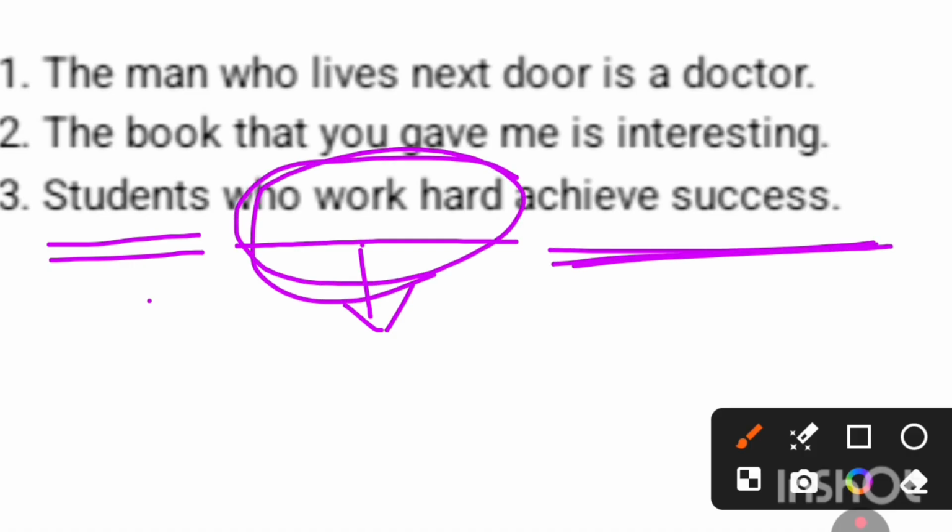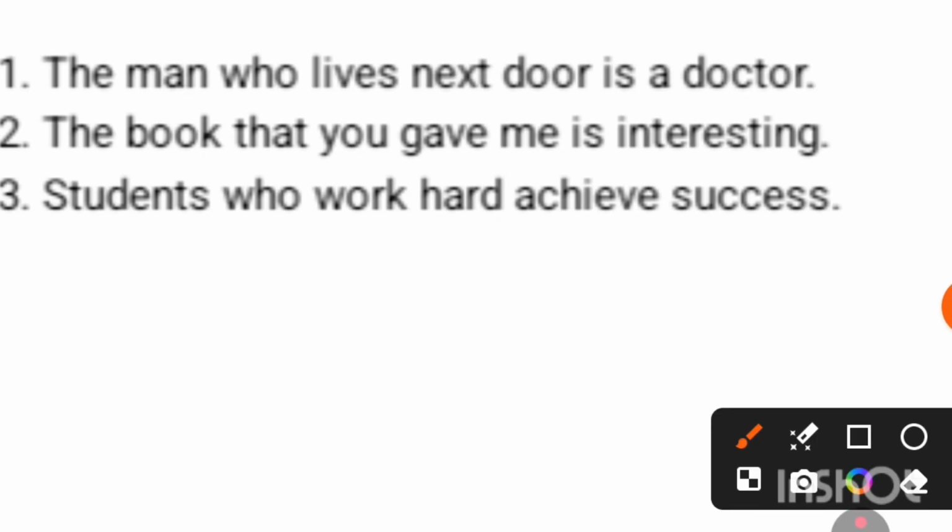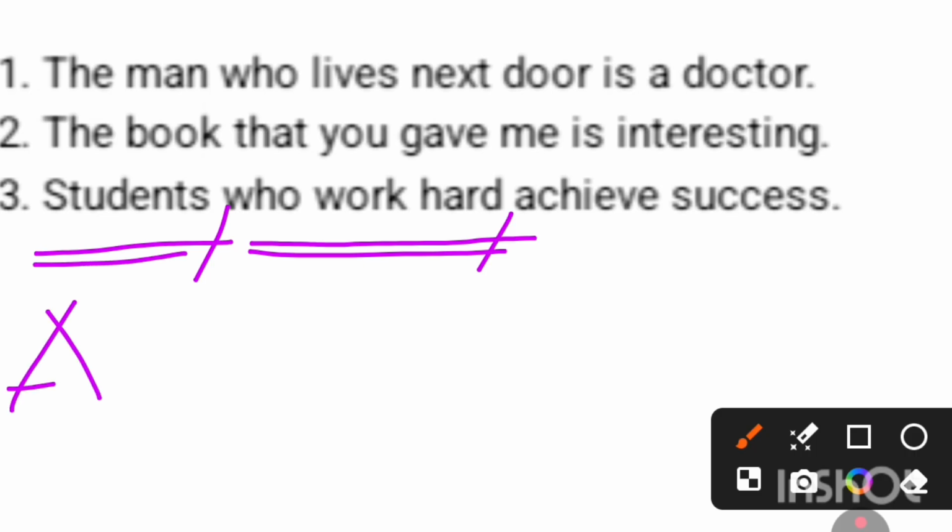Friends, if we put a comma here, look at this. If we put a comma here, it is not a wrong sentence. It will carry a meaning. Who work hard, this part will be extra information. That means here the students means all the students. That means all the students achieve success. It will be the meaning.